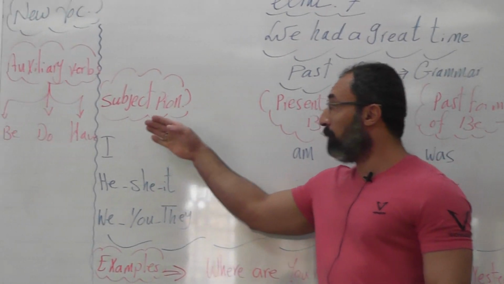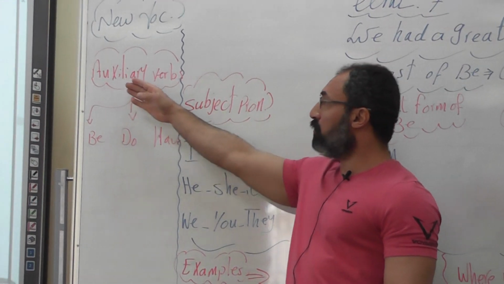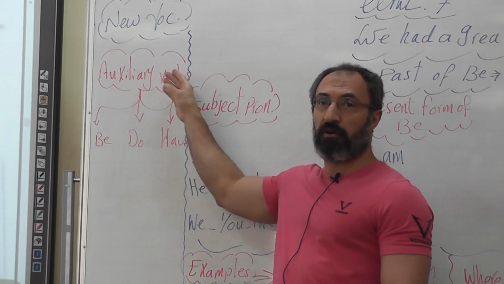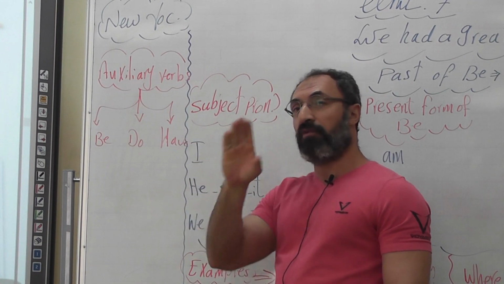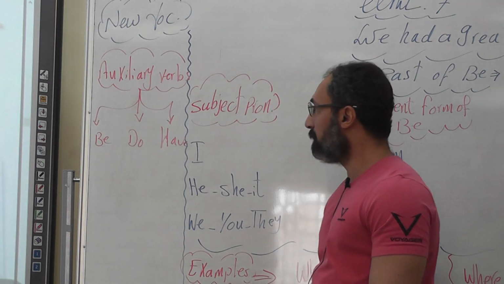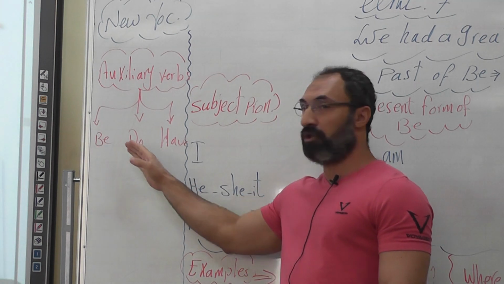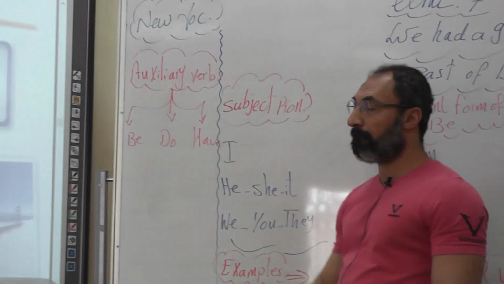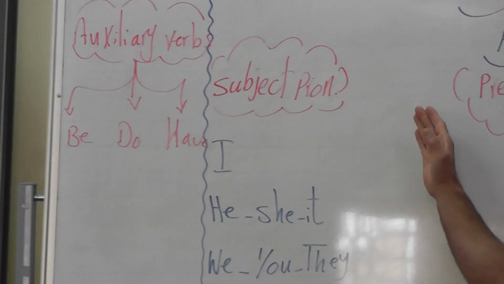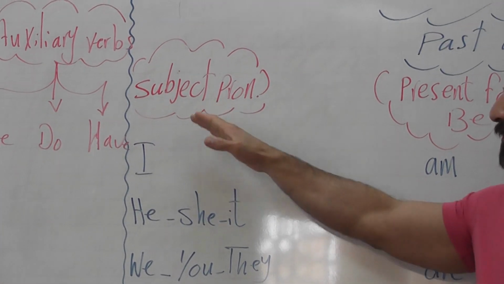On my board, here we have auxiliary verb, which is divided into three types or three parts. Be, do, and have.